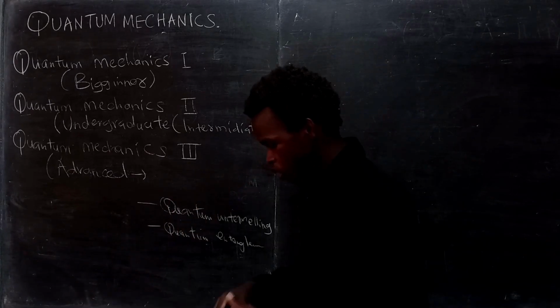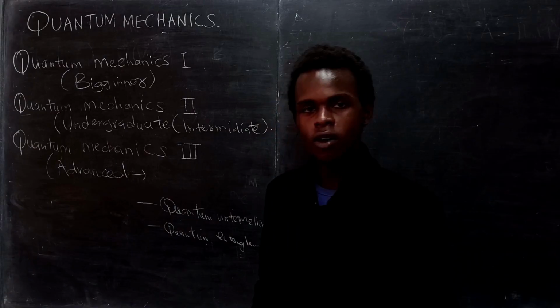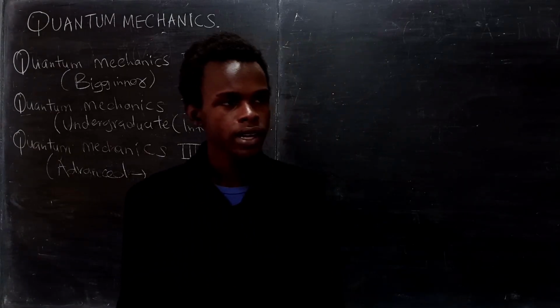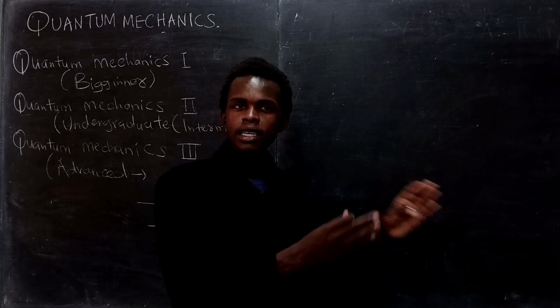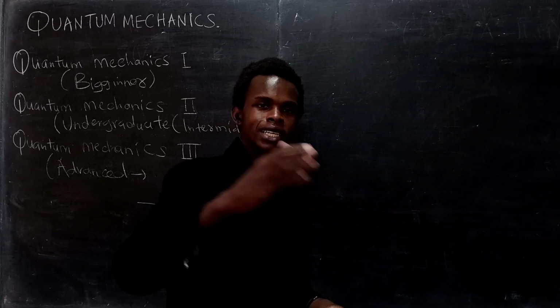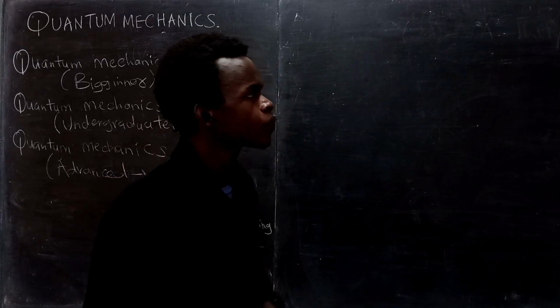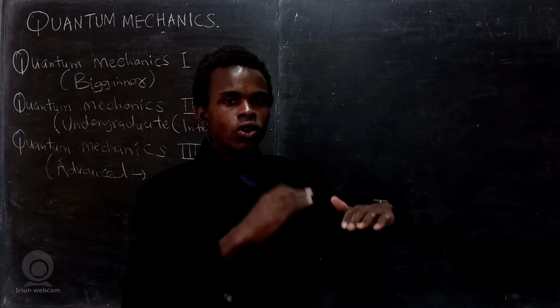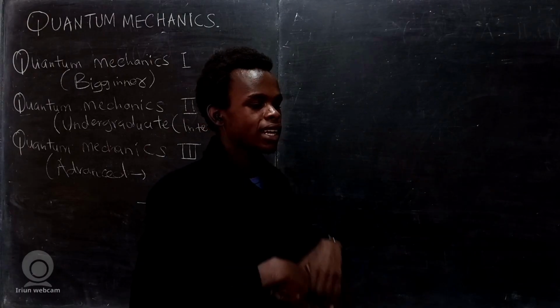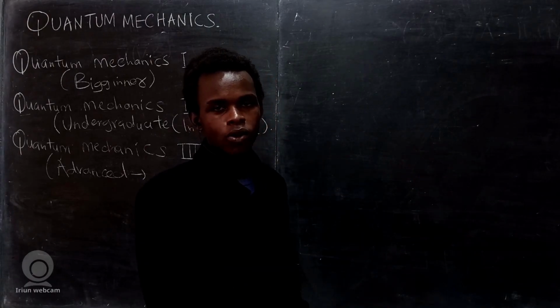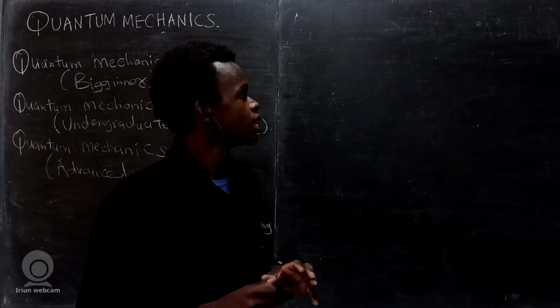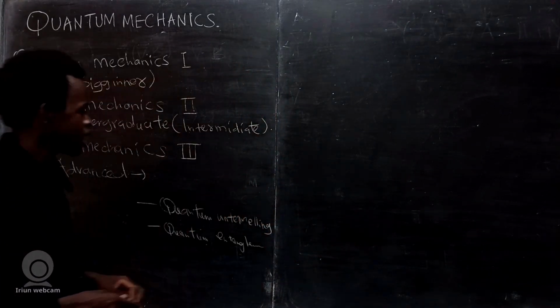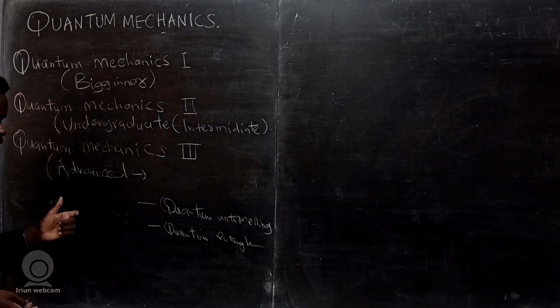Quantum mechanics has evolved over decades, possibly from 1887 to about 1937. So we will do the historical developments of all these concepts, then engage in the mathematical world of it, then we'll summarize and evaluate our knowledge of this paper.